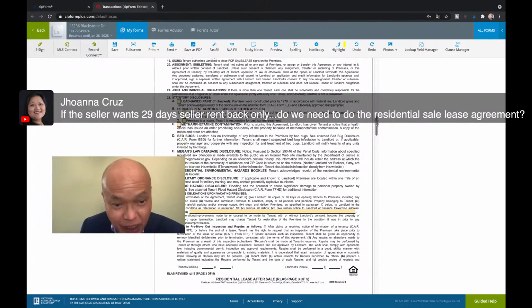And then 23, make sure you check the lead-based paint if the property was built before 1978. Pest control usually, if your buyer intends to hire pest control while the tenant's still living there, you need to check this box.